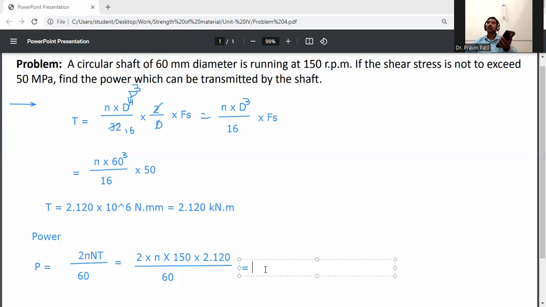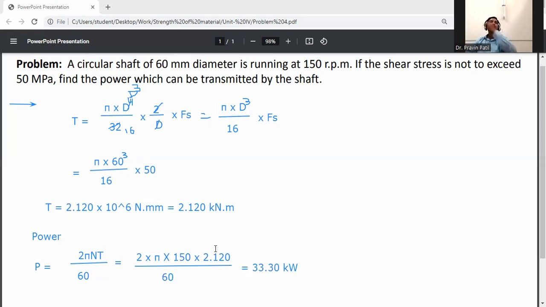If it is put in Newton mm, we get watt. So 2 into pi into 150 into 2.120 divided by 60 will be 33.30 kilowatt.